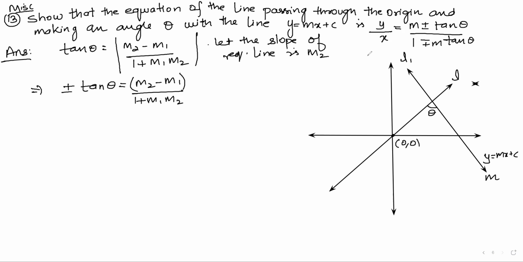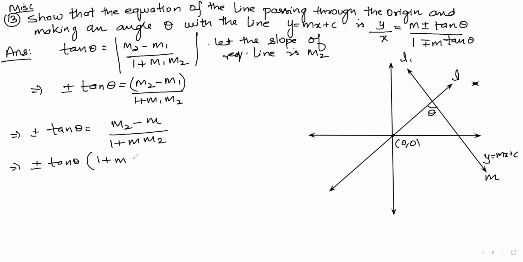ठीक है. ओके सर. अब ठीक है, अब यहाँ हम values put कर देते हैं. Plus minus tan theta is equal to m2 minus m by 1 plus m into m2. Okay, shift this to the right side. So this will give you plus minus tan theta, and this is 1 plus m into m2, and this is m2 minus m.